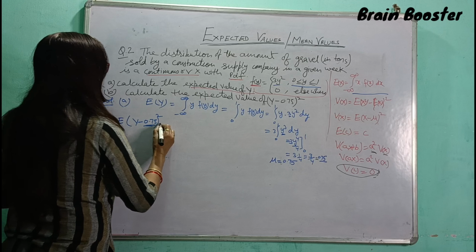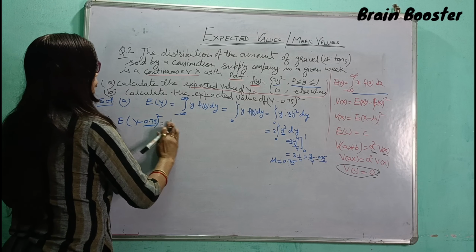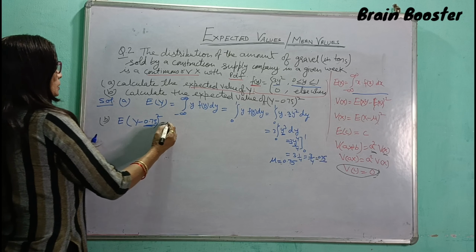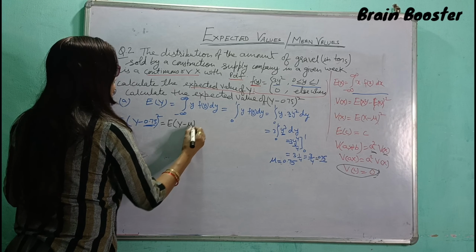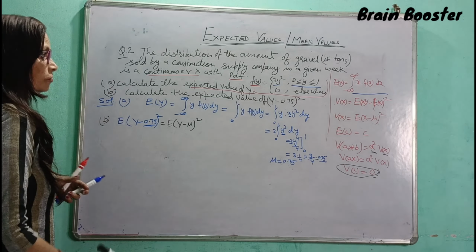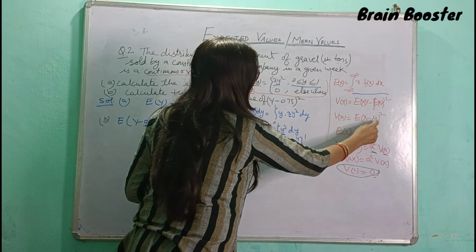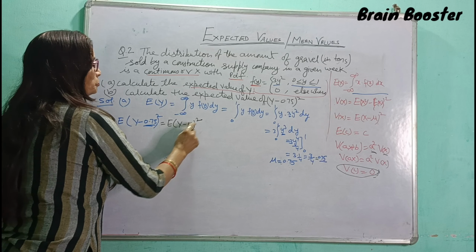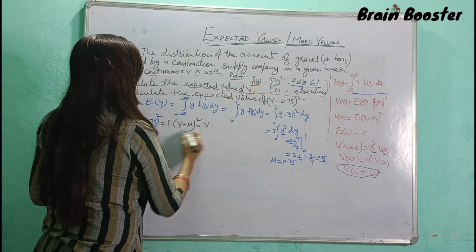So this is equal to E(y minus mu) whole square. E(x minus mu) whole square is equal to the variance of x, so this is E(y minus mu) square, that means this is the variance of y.